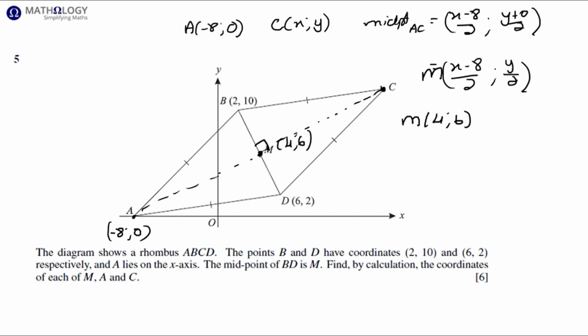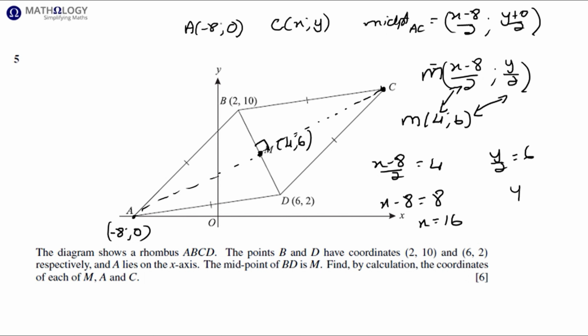So therefore (x minus 8) divided by 2 must equal 4, and y divided by 2 must equal 6. So x minus 8 equals 8, x equals 16, and y equals 12. C is therefore the point (16, 12).